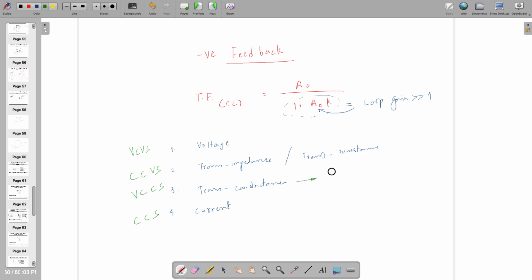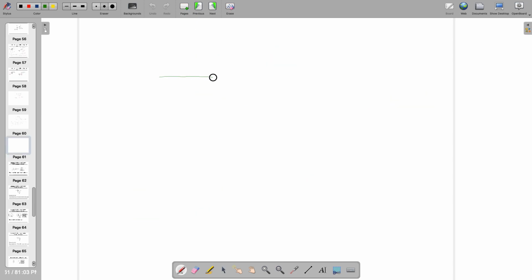The transfer function is gm for one, impedance for another, volts per volt for this one, and ampere per ampere for this one. This is what we studied already, and we have seen how to find the impedances when they are open loop.